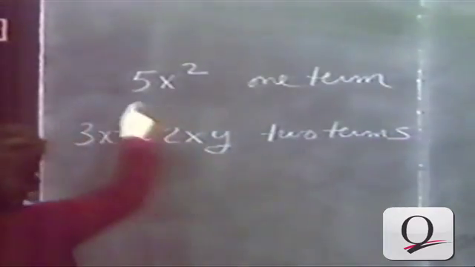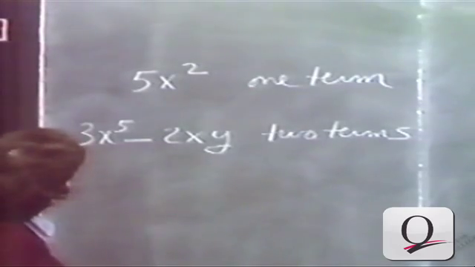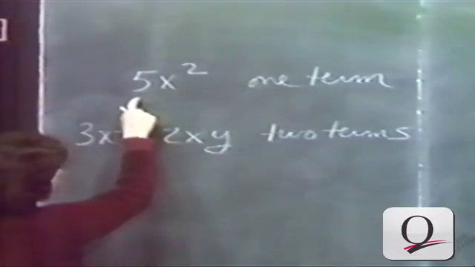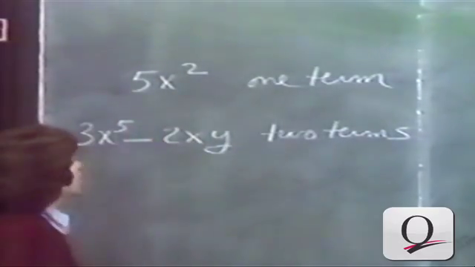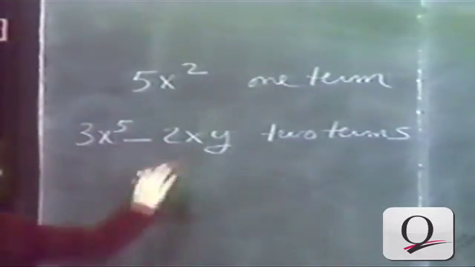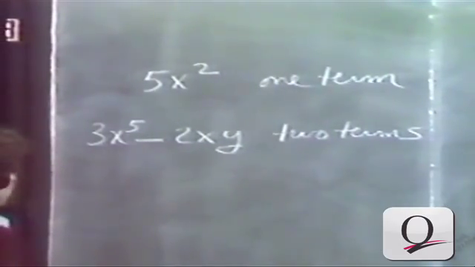Notice how, for example, 5x squared was formed by using the operation of multiplication on constant 5 and the variable x, and then 5 times x times x. Here, once again, we are using only the operations of addition, subtraction, and multiplication on constants and variables to form this polynomial.